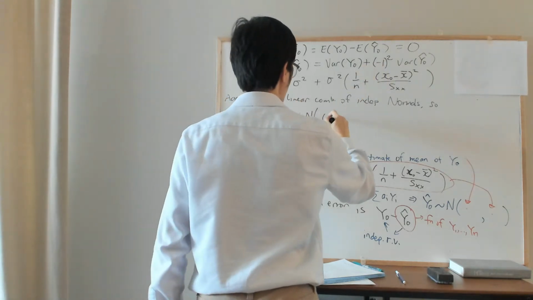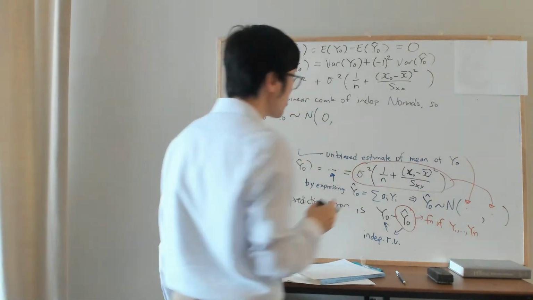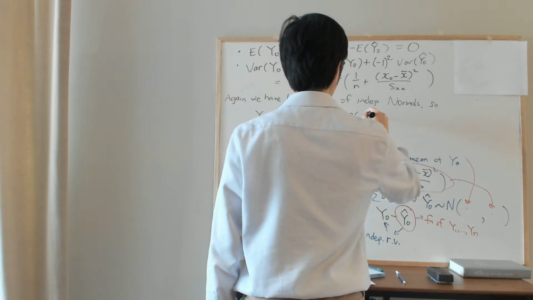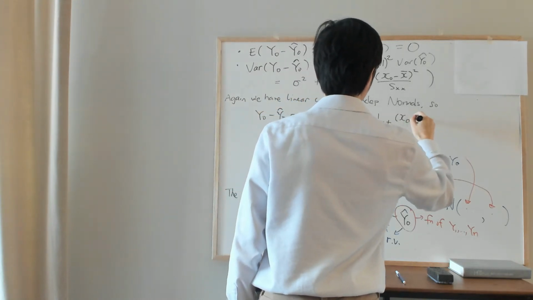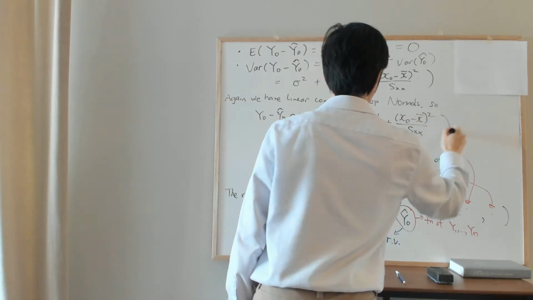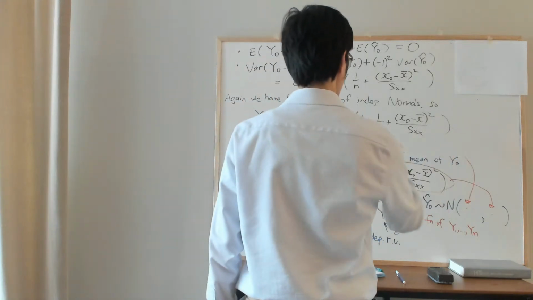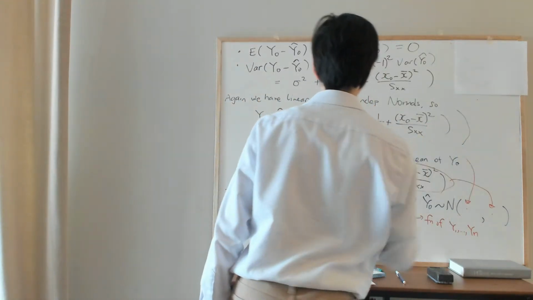The mean is 0, and the variance is this expression. So I can factor out the sigma squared. I'm going to write it as sigma squared times 1 plus 1 over n, and then plus this term here. We should have enough brackets, so sigma squared all this. Okay, so that's a nice normal distribution.